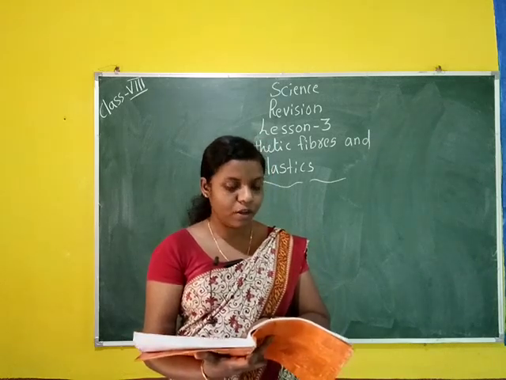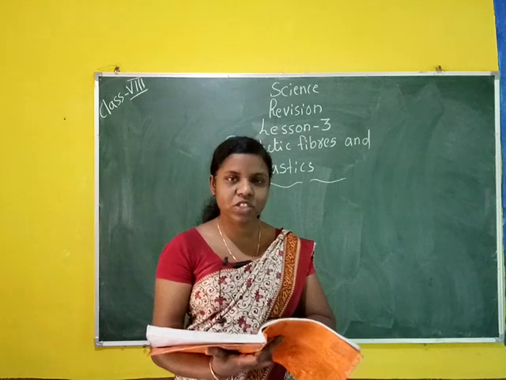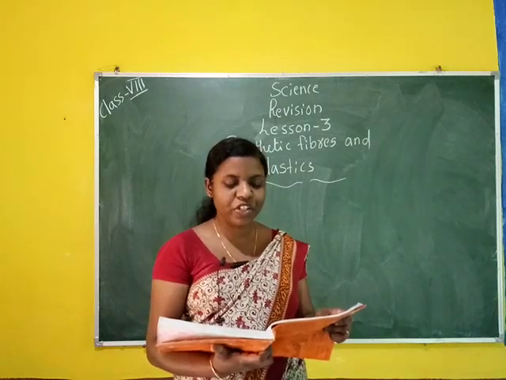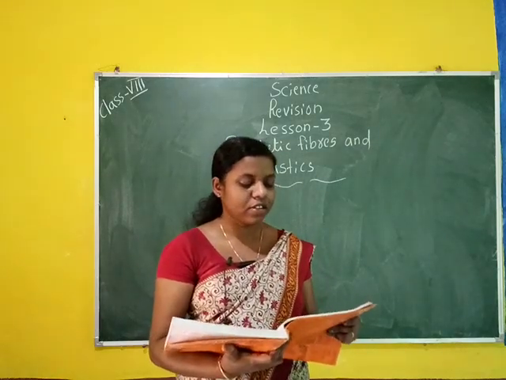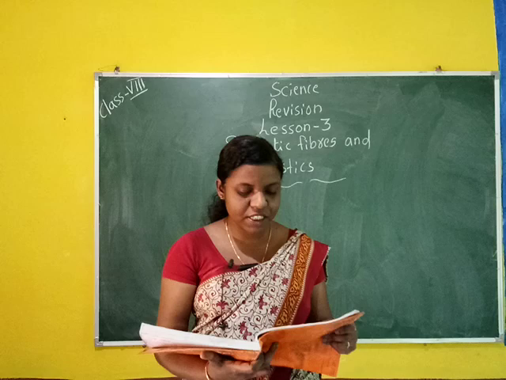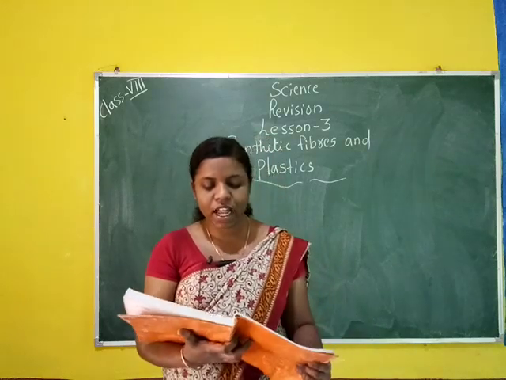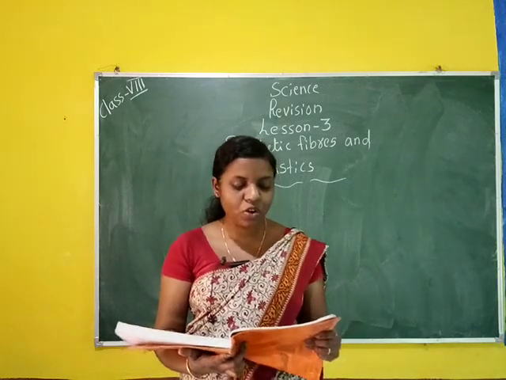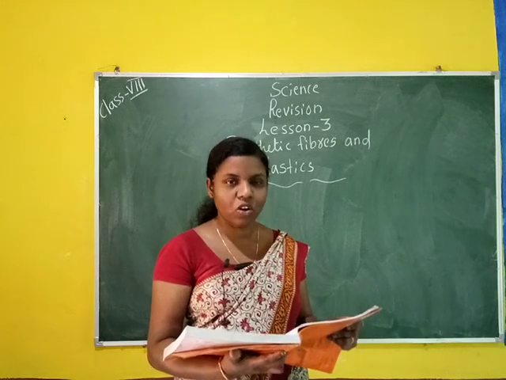cool our body. Then give examples to show that plastics are non-corrosive in nature. The examples given below show that plastics are non-corrosive in nature. They do not react with any substance. That is why they are used to store various kinds of materials and chemicals. Plastic does not react with air and water, so it will not show corrosion.